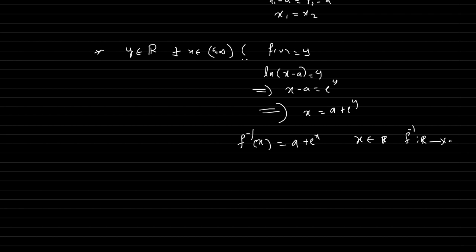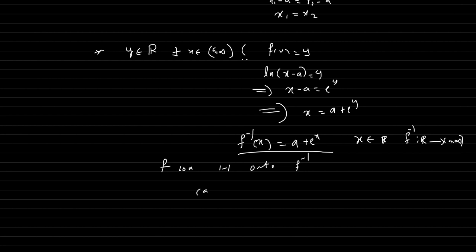the open interval a to infinity, and therefore by looking at f inverse of x, we can say that e raised to x is a continuous function. Therefore, a plus e raised to x is a continuous function, which means this function f inverse is also continuous. So, the function that we defined here is continuous, one-one, onto, and also f inverse is continuous. Therefore, the function is a homeomorphism, which implies what?